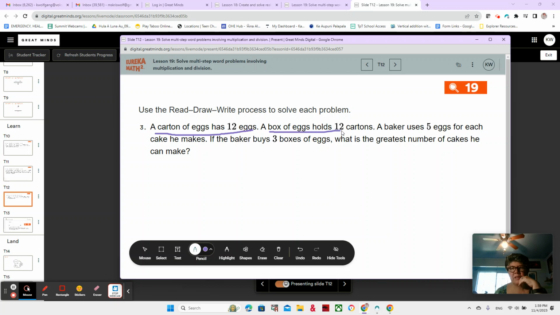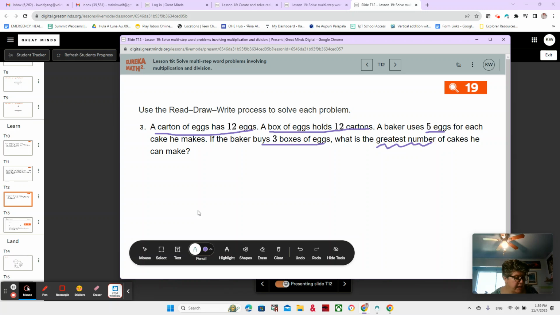A box is 12 cartons. So we need to read that carefully so we understand what it's saying. And the baker uses 5 eggs for each cake. If he has 3 boxes of eggs, what's the greatest number of cakes he can make? Ooh, that is pretty interesting.